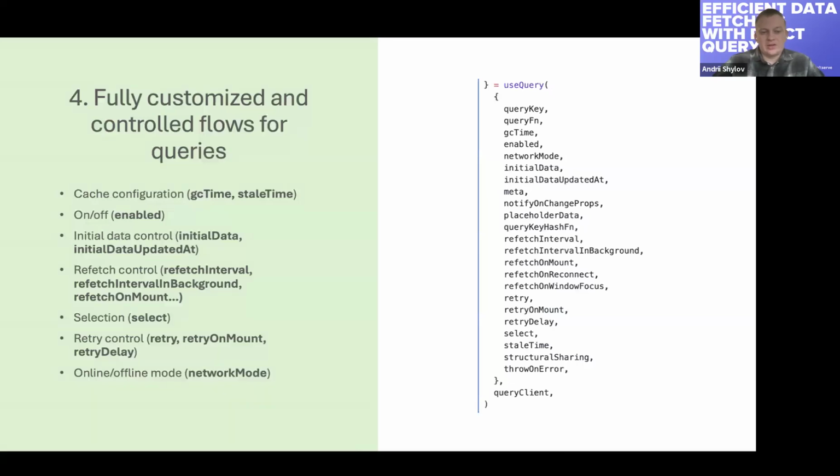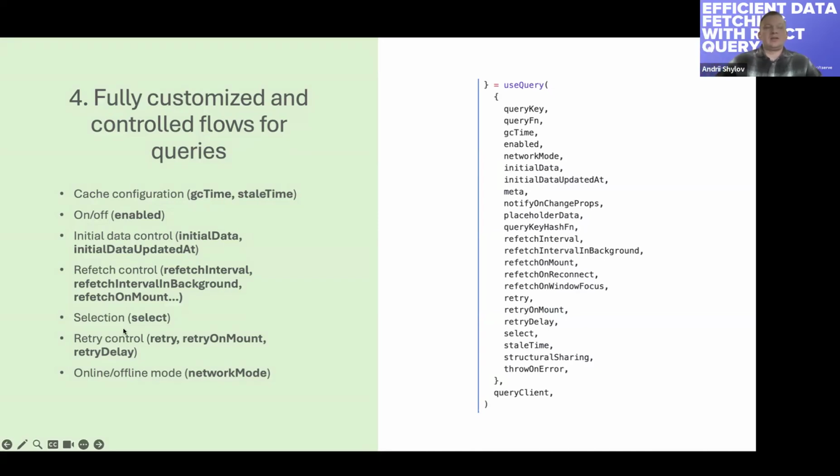Okay, then refetchInterval, refetchOnWindowFocus, refetchOnMount. So these are very cool options to control how the query will behave. So I can go to another tab, I can go back, and it could be refetched. I can refetch something on an interval every 1 minute, for example, and so on. Okay, then select.